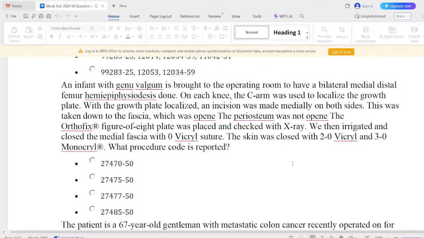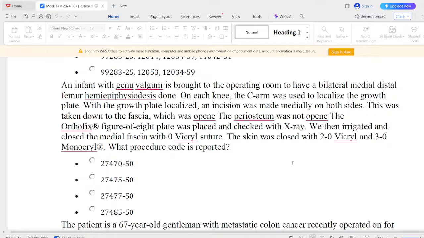So, next question. Third one: an infant with genu valgum is brought to the operating room to have a bilateral medial distal femur hemiepiphysiodesis done on each knee. The C-arm was used to localize the growth plate, and with the growth plate localized, an incision was made medially on both sides.